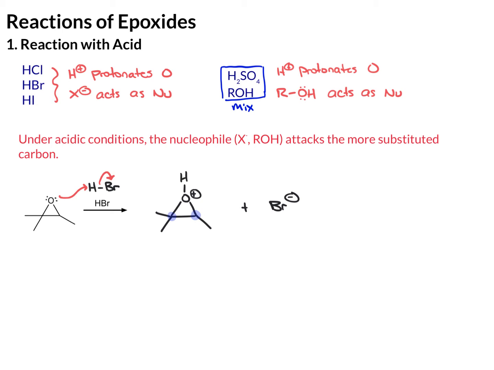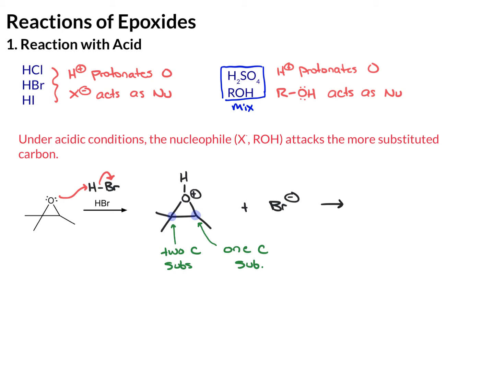And we're going to look at why that is in just a moment. If you look at the epoxide, this carbon here has 2 carbon substituents. This carbon here only has 1 carbon substituent. So the one on the left is more substituted.